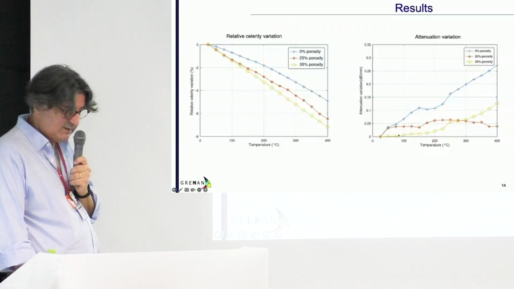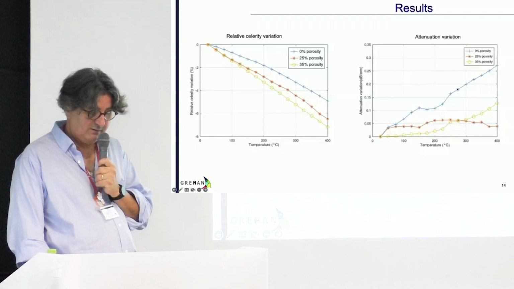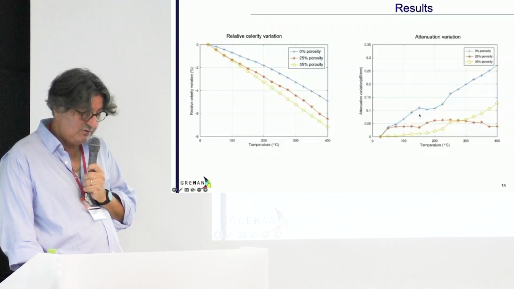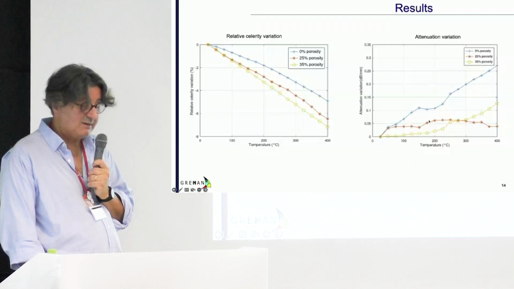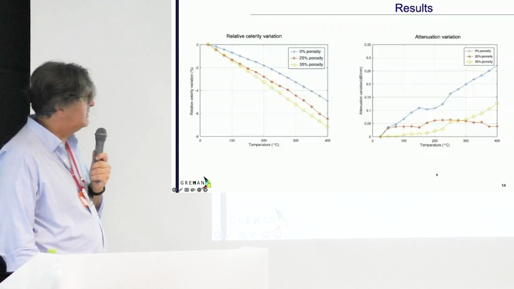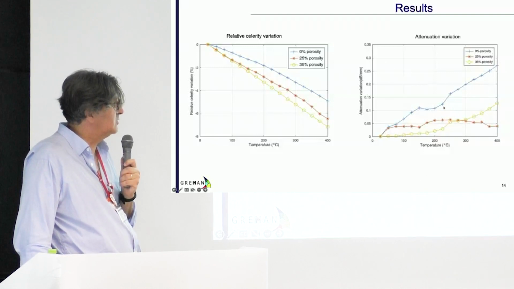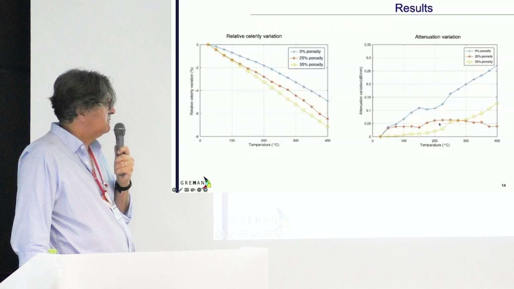Now, what is observed here is that if we look at the attenuation variation, of course you can see maybe a general tendency for the plain metal to an increase of the attenuation with the temperature. But if you look at the porous metals, I'm not sure that we can really conclude if we had an increase of the attenuation, because I think that the accuracy of our measurement technique does not allow us to clearly conclude to an increase.